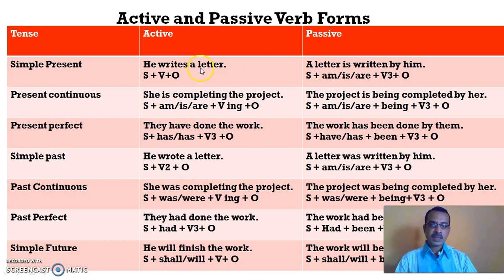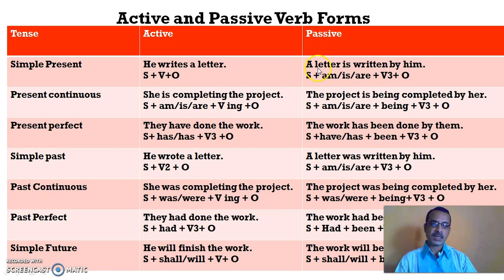After that, we have to identify the tense. What is the tense? If we see the yes or es suffix here on the verb, we can easily identify that it is in simple present tense. So for simple present tense or present tense, we take the to be helping verb am, is, are, depending on the subject.